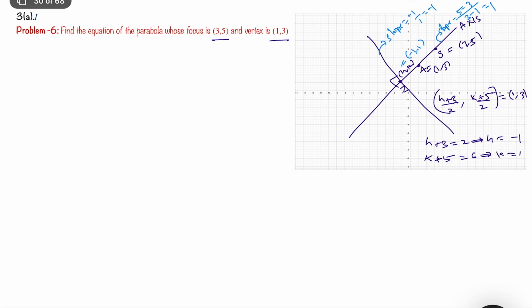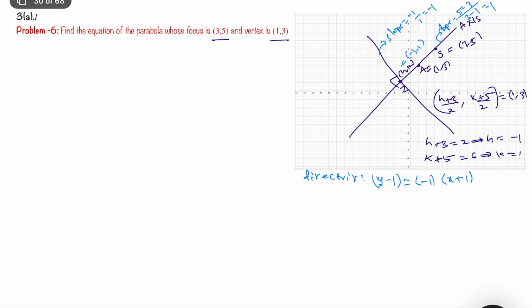So now the directrix equation is going to be what? The directrix is the line passing through Z, which is (minus 1, 1), and having the slope minus 1. So it should be y minus 1 equals m times (x plus 1), where m is minus 1.